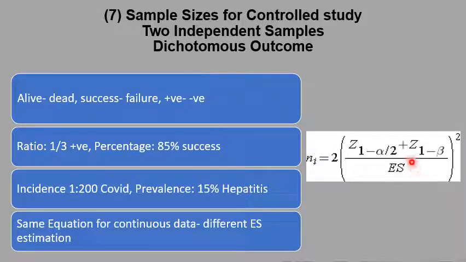The only difference would be in the calculation of the effect size, because there is a different formula to calculate the effect size for the dichotomous outcome. Like if we are measuring, for example, ratios or percentages, not continuous data. We'll be looking into incidence, prevalence, same equation, but a different effect size.